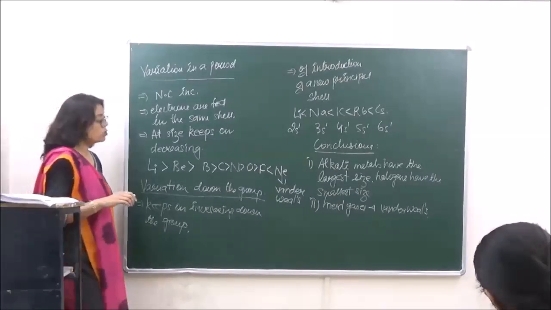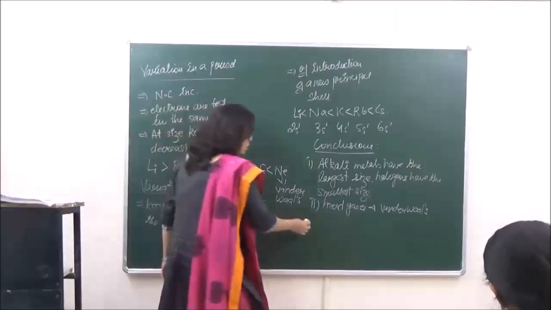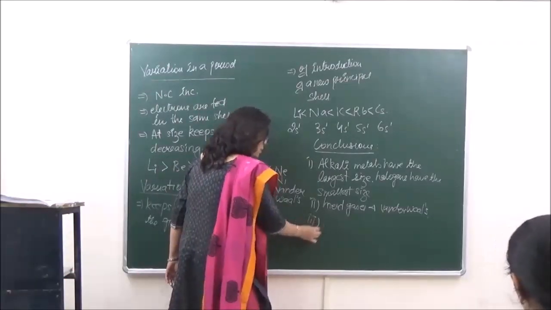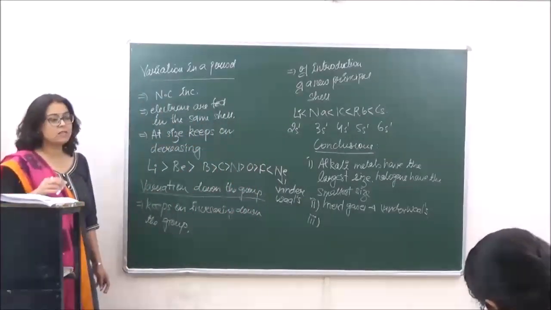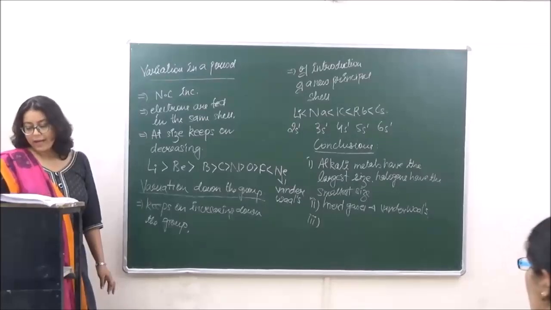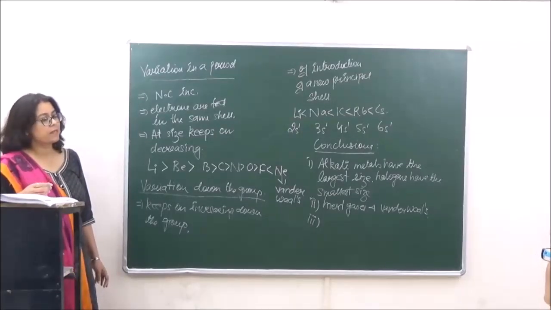Okay, now when we go on to the transition series, because we have not discussed the transition series over here. In transition series, there is an irregular decrease or increase in the atomic size. Why? Because of screening effect.